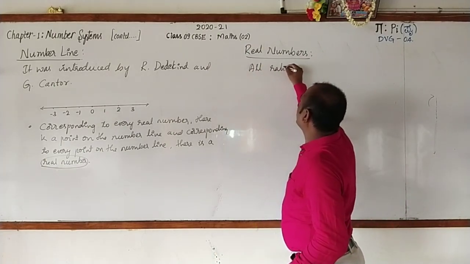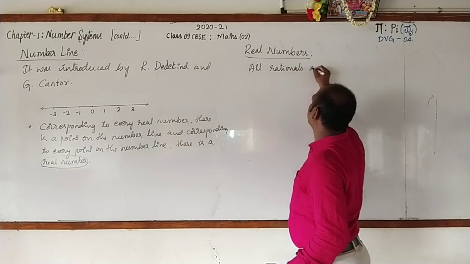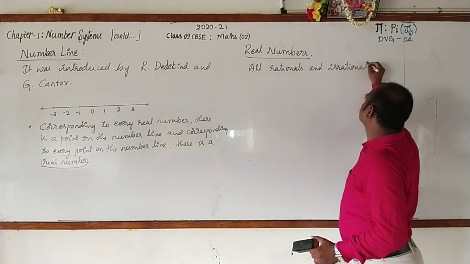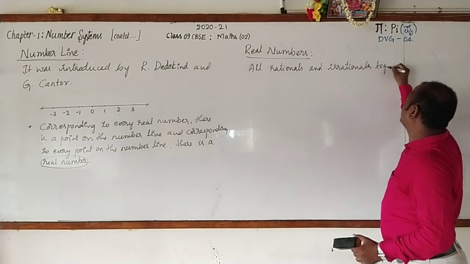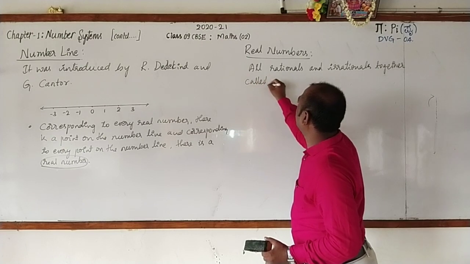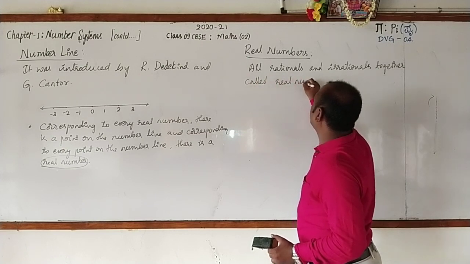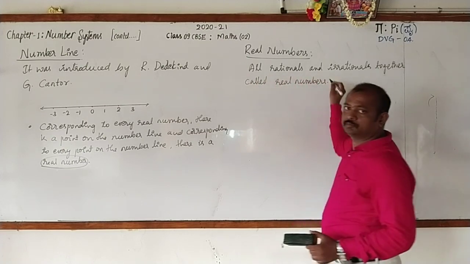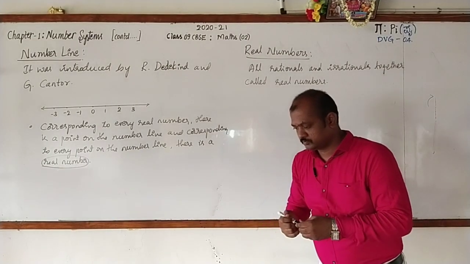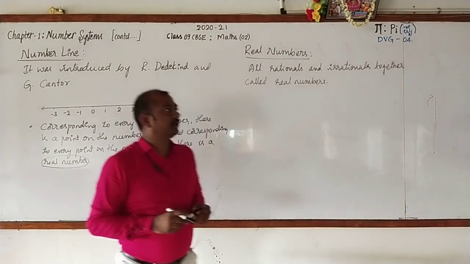All rationals and irrationals together called real numbers. Written up.